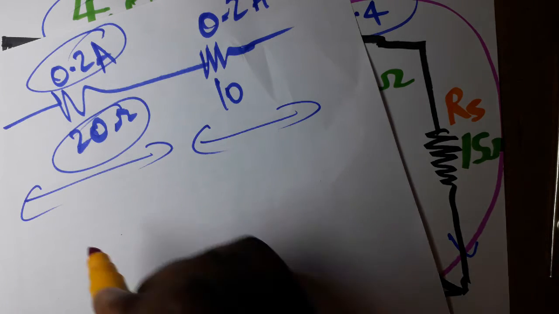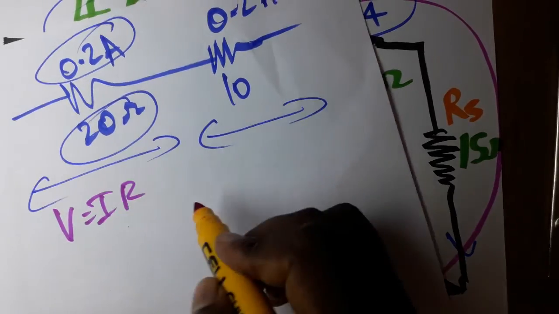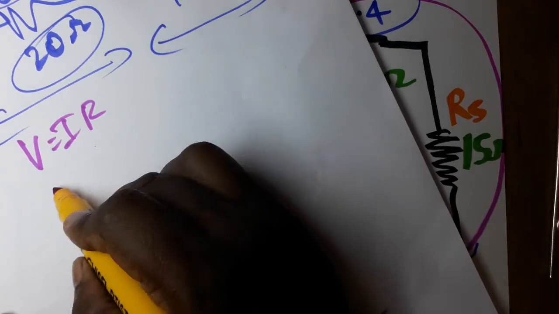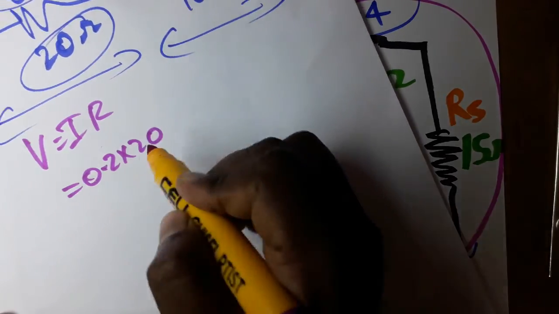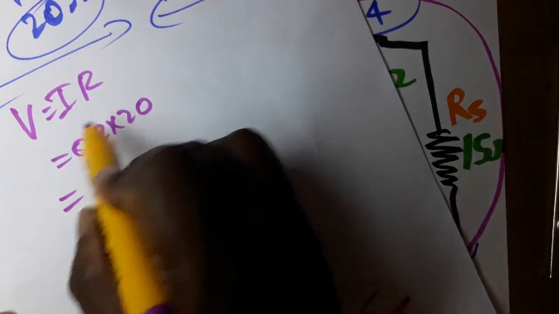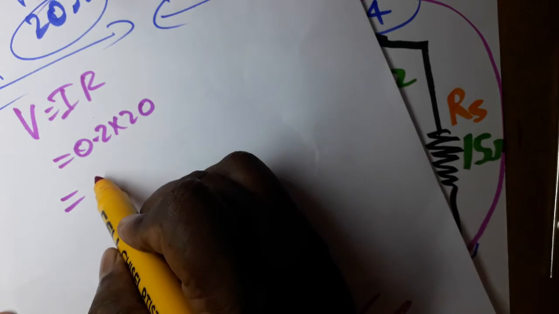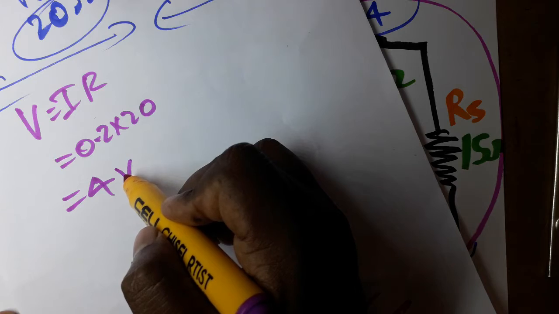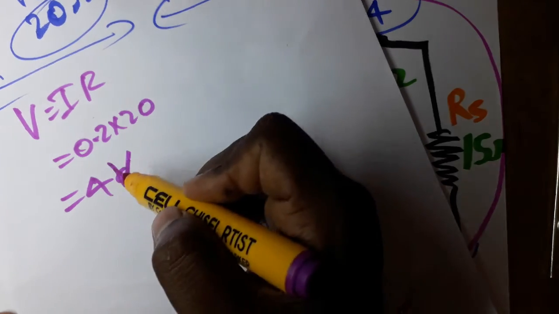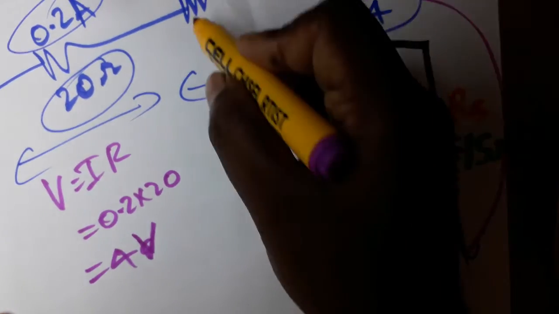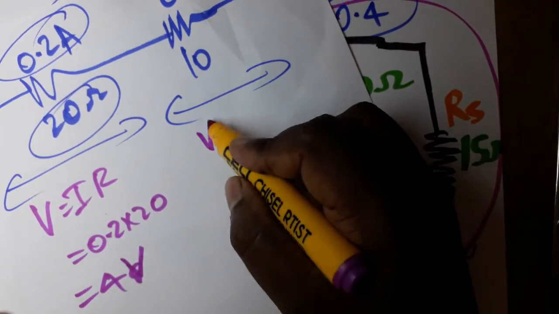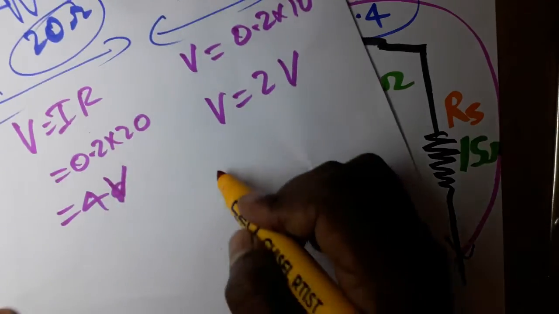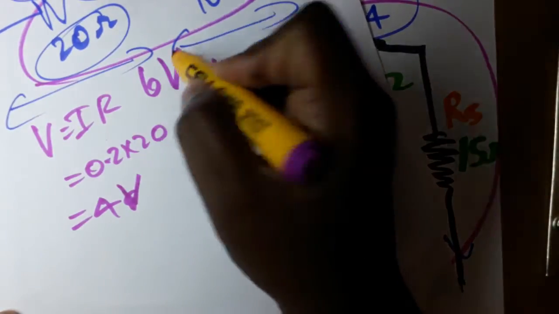I we know is 0.2, R we know is 20. It is 0.2 into 20, we'll get 4 volt. Again it is 10 into 0.2, V is equal to 0.2 into 10, V is equal to 2 volt. These two together I'll get 6 volt.